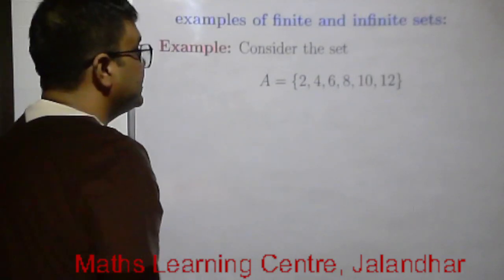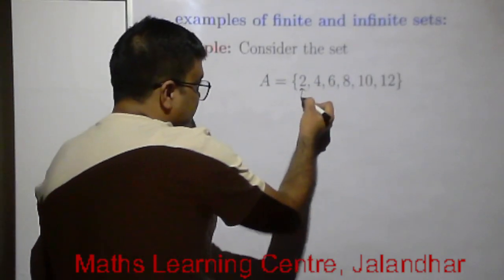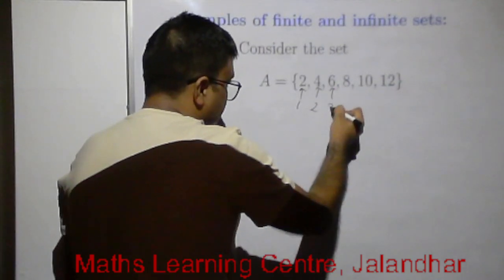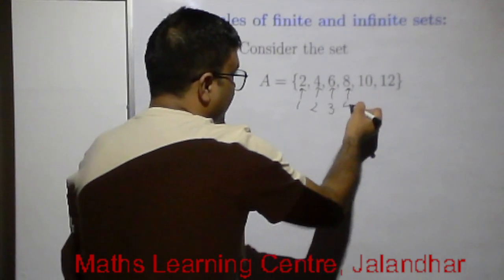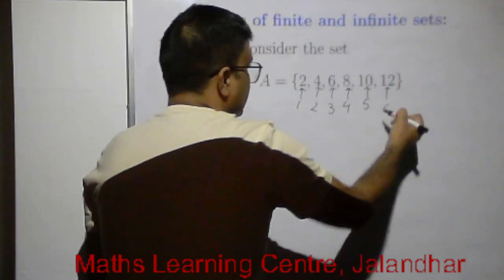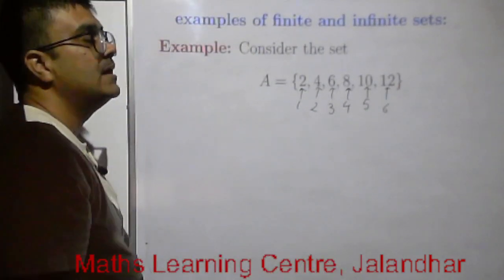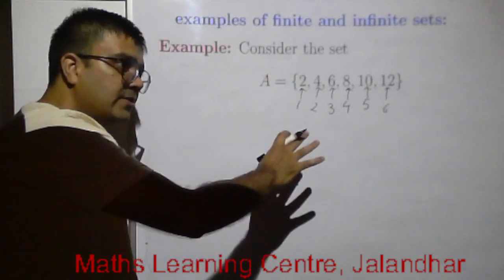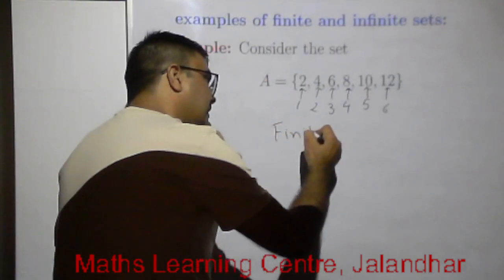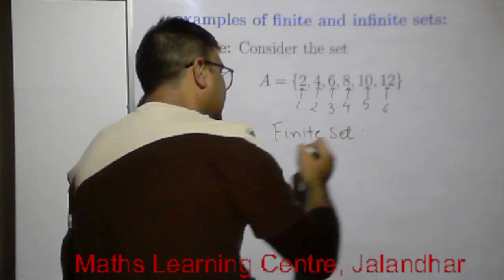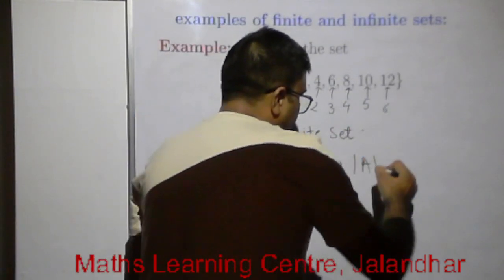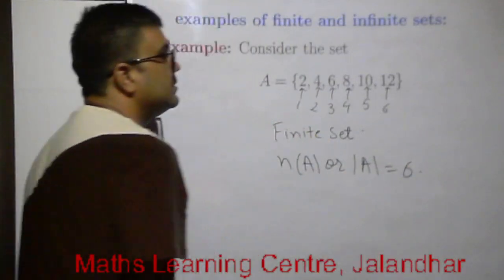To tell whether it is finite, we assign the number 1 to it, we assign the number 2 to the next element, we assign the number 3, 4, 5, and 6. The process of counting comes to an end. This is a finite set. The number of elements in A, or the cardinality of A, is equal to 6.